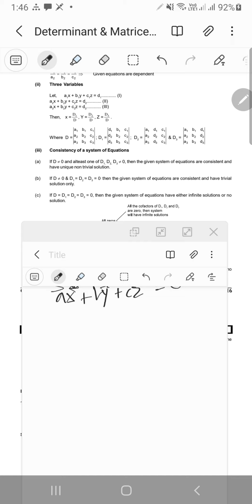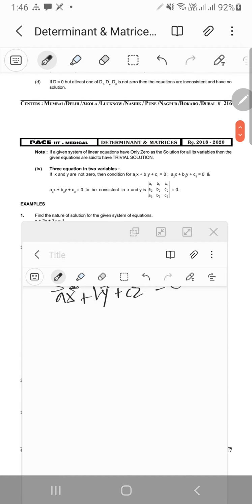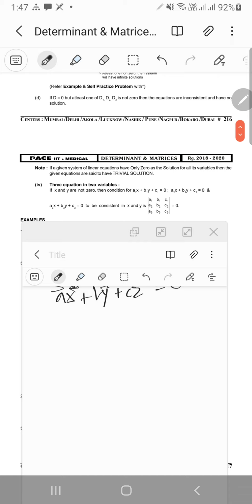ABC is a plane and D is also a vector in that plane. It will have infinite solutions or no solutions. Whatever, we won't be talking about that right now. If D is equal to 0 but at least one of D1, D2, D3 is not 0, then the equations are inconsistent and have no solution.